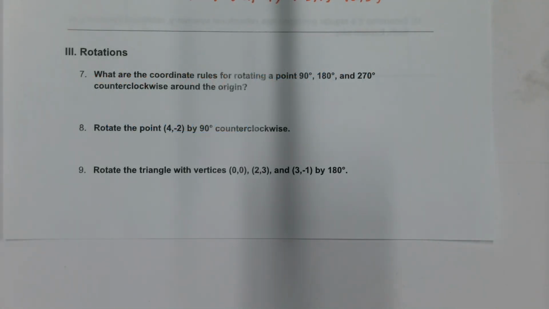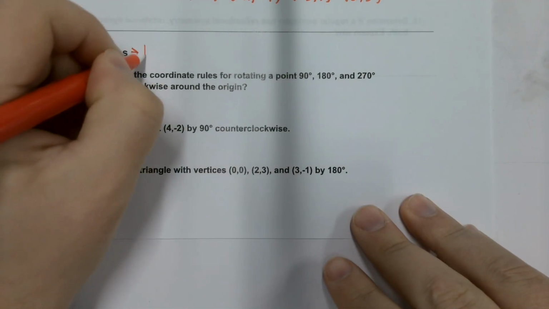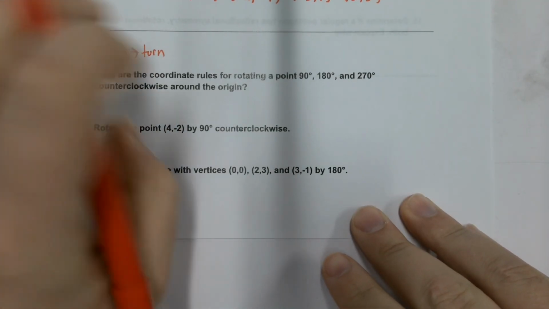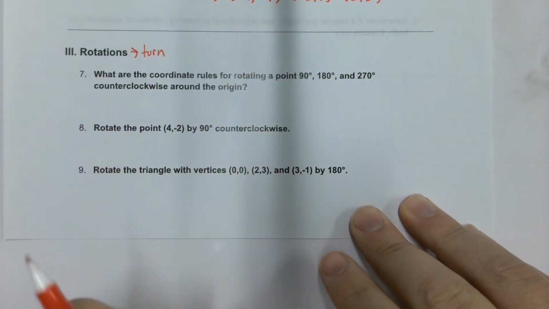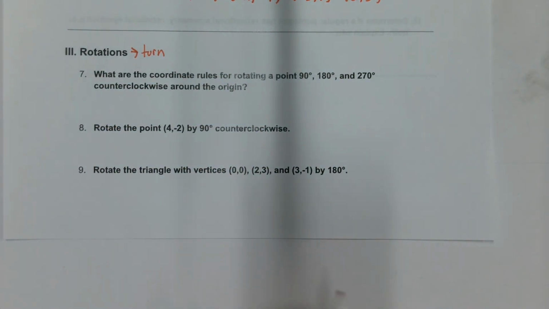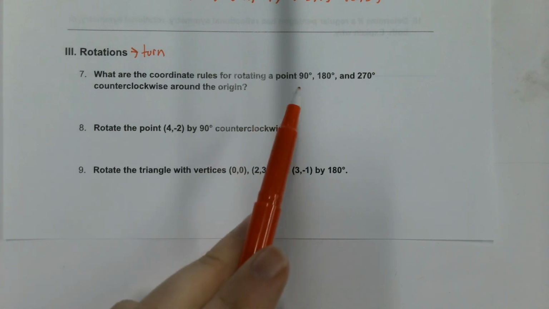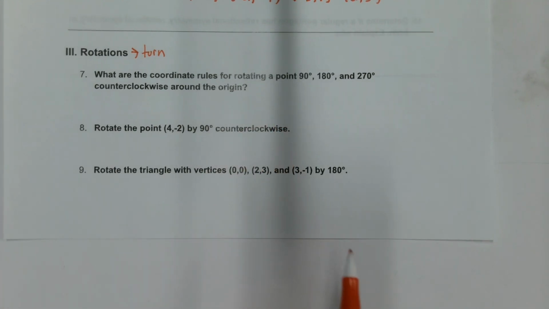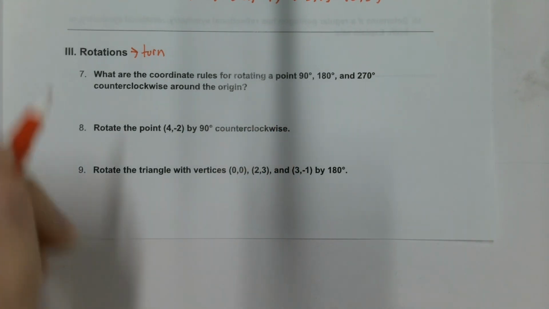All right, so now we're going to talk about rotations. So rotations, again, turning a figure. So if you want to write that down, we're going to turn a figure around the origin here. So first thing, we're going to write down the rules for a counterclockwise rotation.